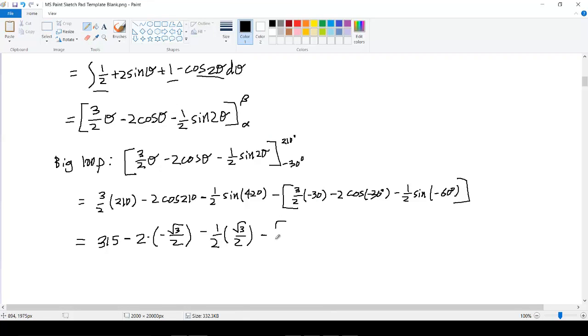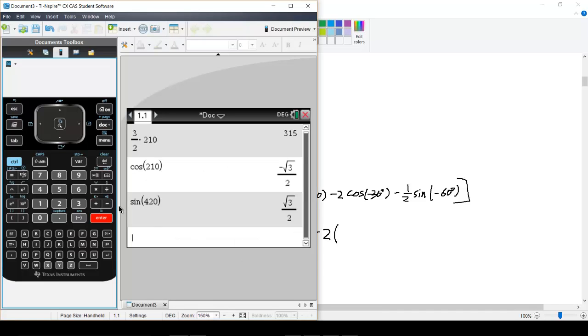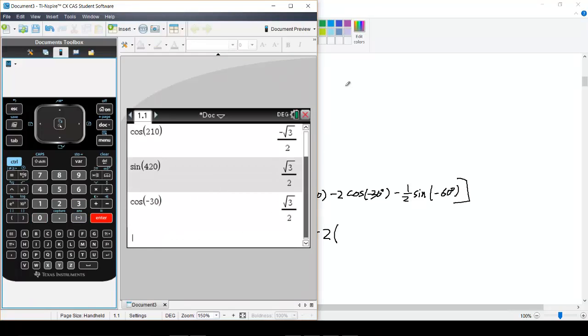Okay, now we're going to subtract. That should be negative 45, right? Because that's 15 when you divide, and then 15 times 3. Minus 2 times cosine of minus 30. Again, I know I could figure this out in my head, but I just want to be extra careful not to make a mistake.